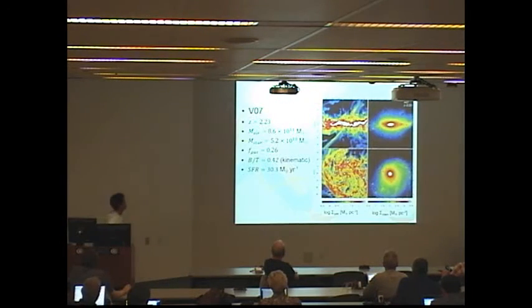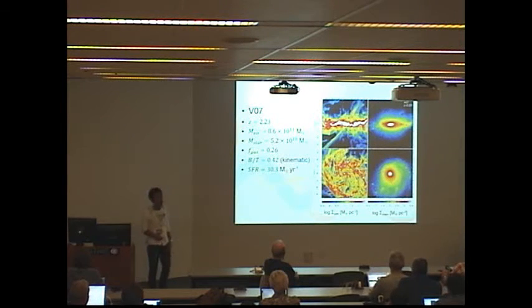Okay, next one. This is the first example of a galaxy to which I applied this analysis. This is a very massive galaxy at redshift about 2, the gas fraction is about 25%, and the star formation rate is roughly 30 solar masses per year. This is the gas surface density and the stellar surface density, edge-on and face-on.